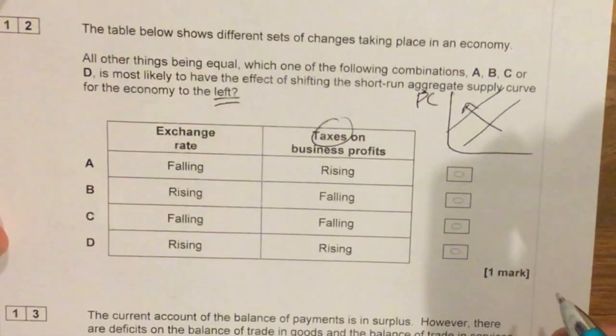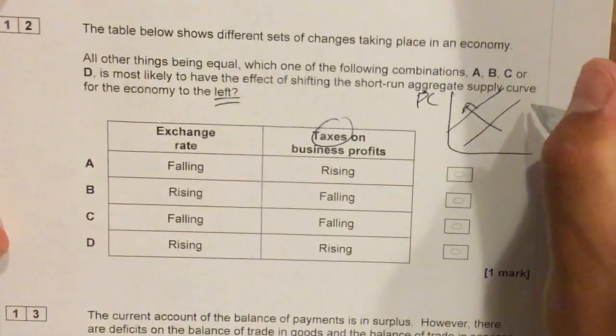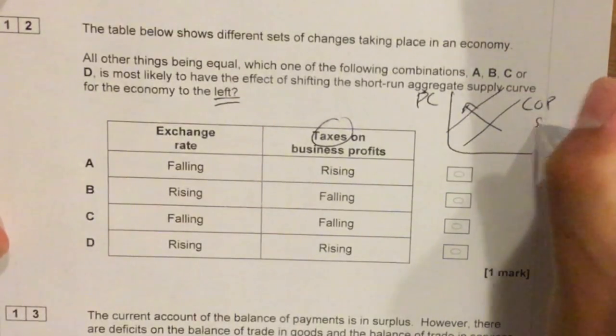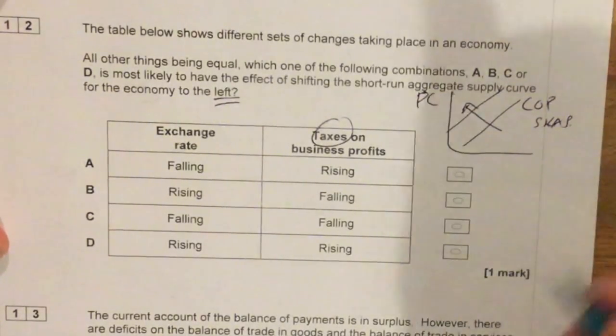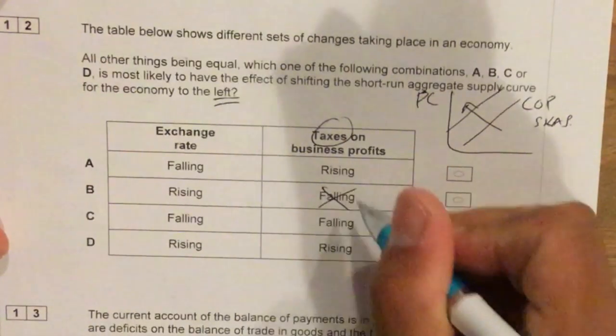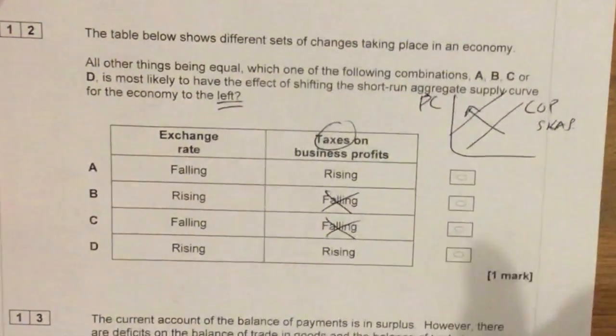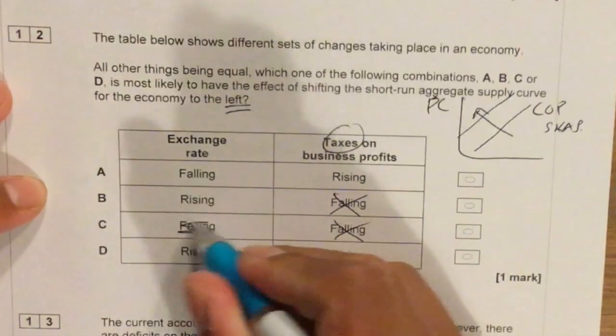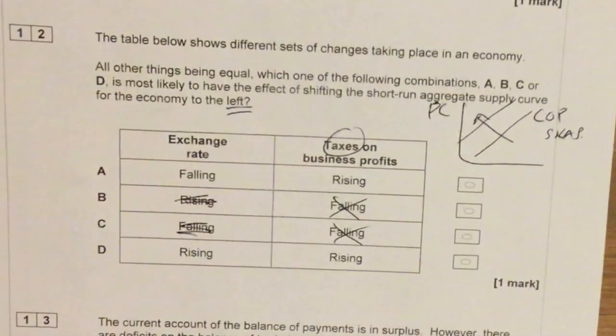If taxes are going up, that's definitely a cost of production, which is effectively what the SRAS curve is. So we're looking for taxes going up. So it can be that. So it can't be falling. So we've made this a 50-50 already.